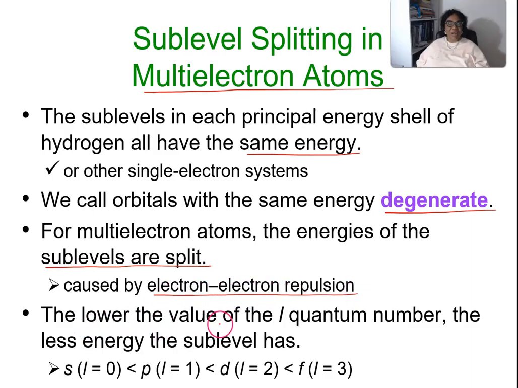The lower the value of the L quantum number, the less energy the sublevel has. So s is less than p, and p is less than d, and d is less than f.